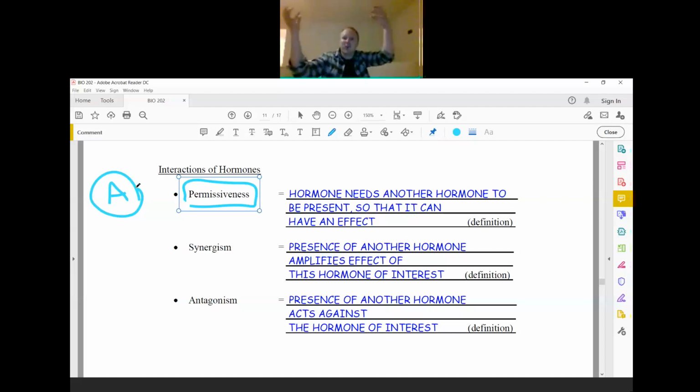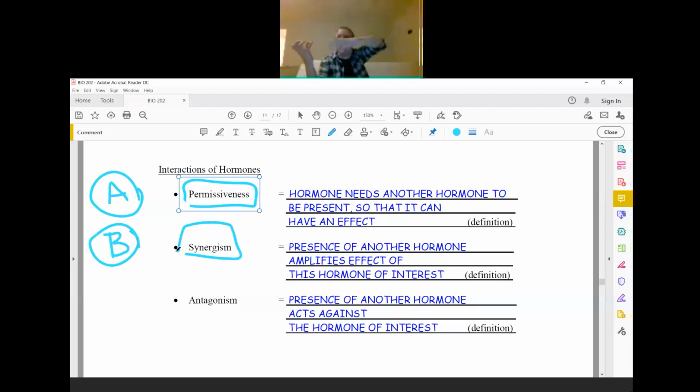So this second hormone is simply allowing this initial hormone to do its job. The second term that we have is going to be synergism. So in this case, we have this initial hormone, and the presence of the second hormone actually makes this initial hormone act even more.